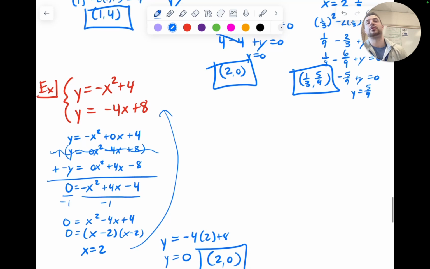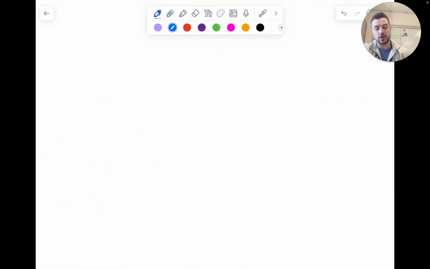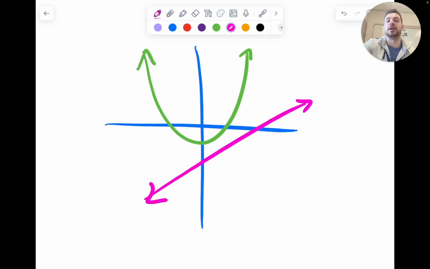So these are the examples we're going to take a look at. I want to remind you that not every system has a solution. We could have a system that has a quadratic and, let's just say, a linear function that never intersect.